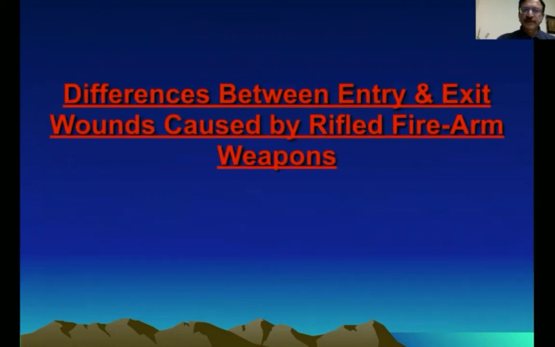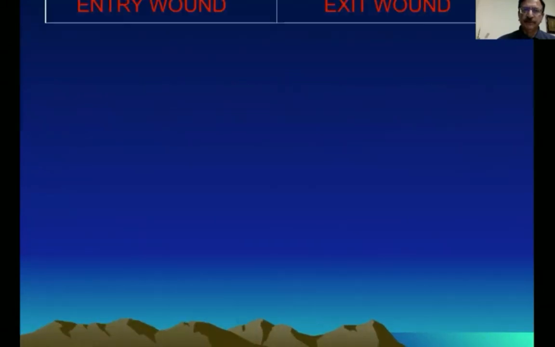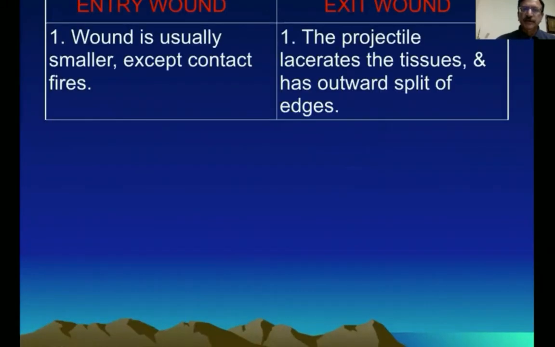Now the differences between the entry and the exit wound of the rifled weapon. This is sometimes important in order to differentiate between the entry and the exit wound. The entry wound of a rifled weapon is usually smaller except in contact fire.